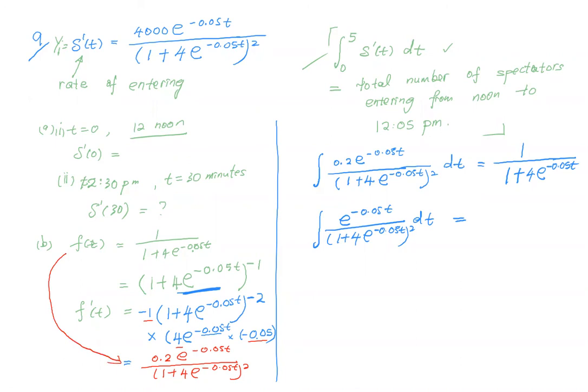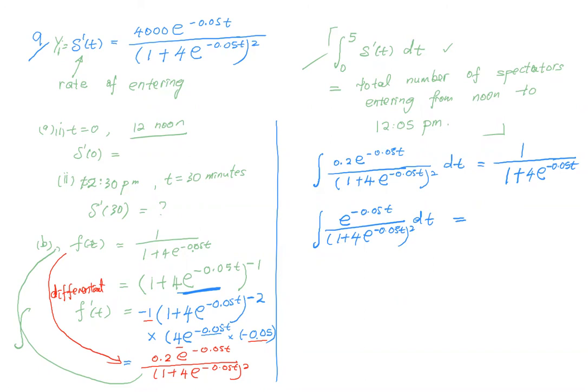Now, if I do the inverse, okay, now I do the reverse. If I integrate this, isn't it I get back my FT? Yeah. You see or not? So that is a concept you must have in mind.